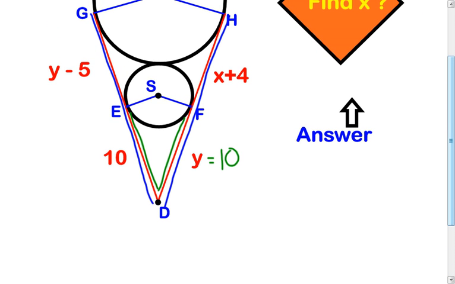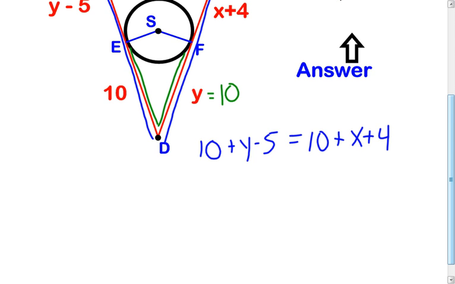So what I'm going to do is I'm going to look at the length of the whole thing. So segment DG is going to be 10 plus y minus 5. Segment DH is going to be, well, the green 10. It's going to be 10 plus, oops, I should have put my y value in there. But anyway, segment DH is going to be 10 plus x plus 4, and we know that those are going to be equal.